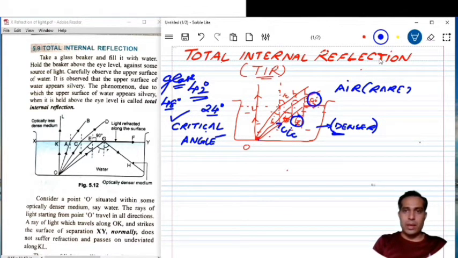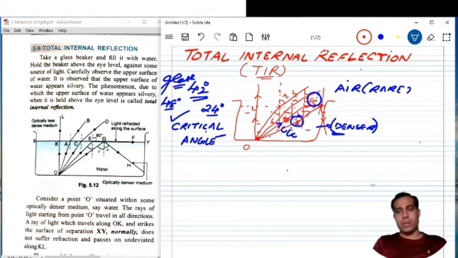If we further increase this angle, then at this point you will see the light ray will not get refracted, but it will get reflected back into the same medium. As we go on increasing, the angle of incidence becomes more than the critical angle.